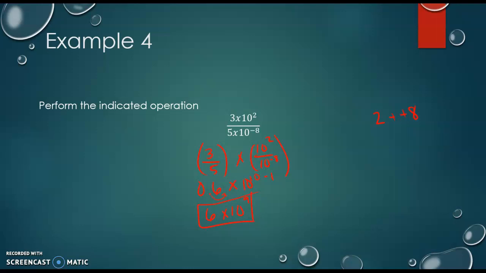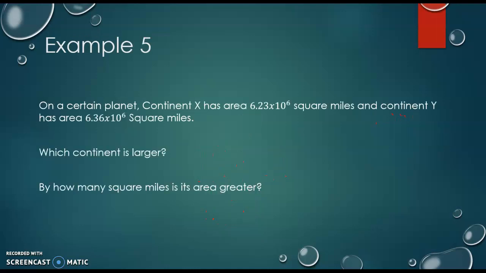Last problem, last example. On a certain planet, continent X has the following area in square miles, and continent Y has the other area in square miles. It wants to know which continent's bigger. So here's X at 6.23 times 10 to the 6th power, and Y is 6.36 times 10 to the 6th power.